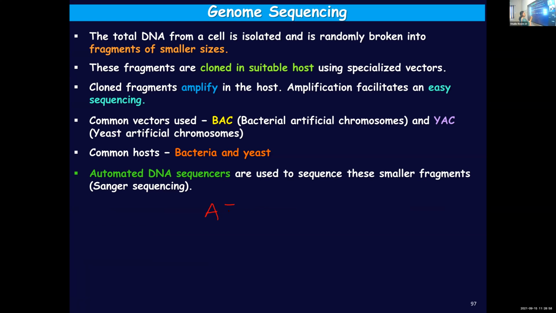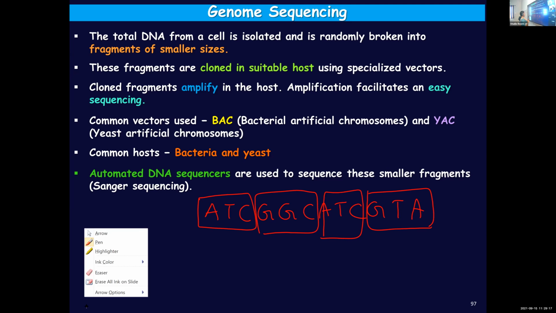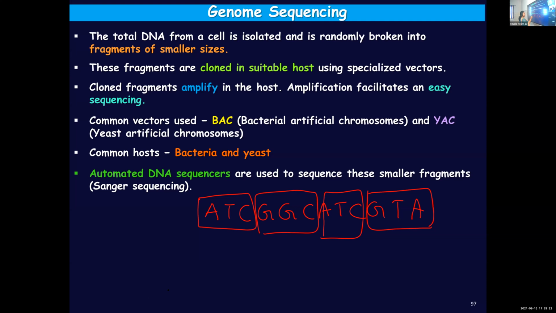A, T, C, G, G, C, any order. Normally what you have learned is this is one triplet codon, another one, another one. This is what we have learned. But wherever overlapping sequences are there, it could be like this.